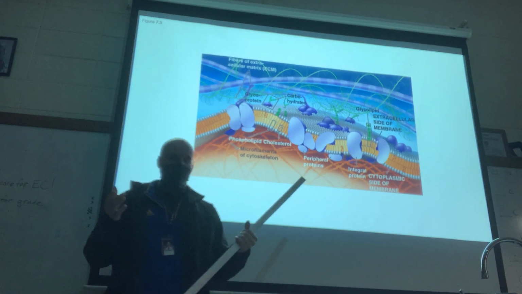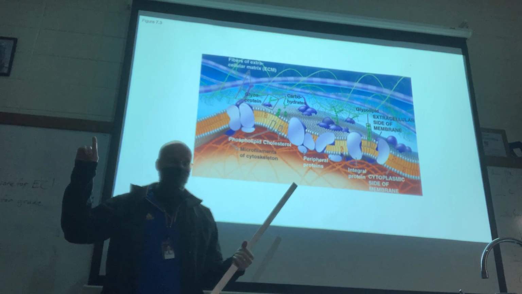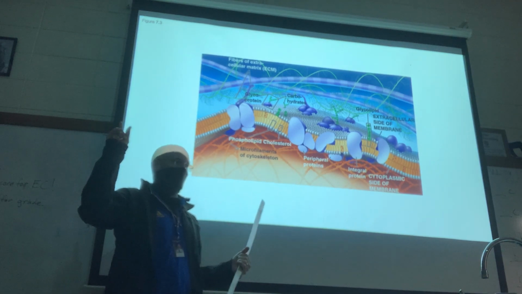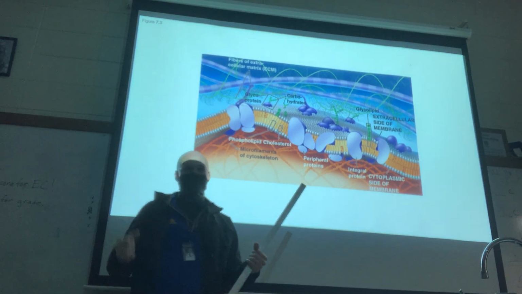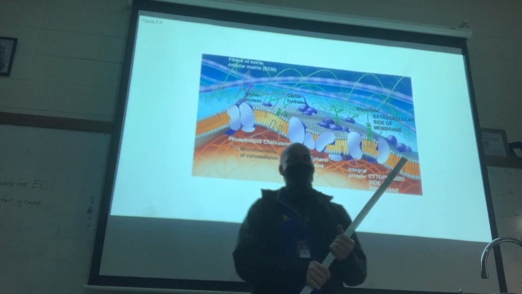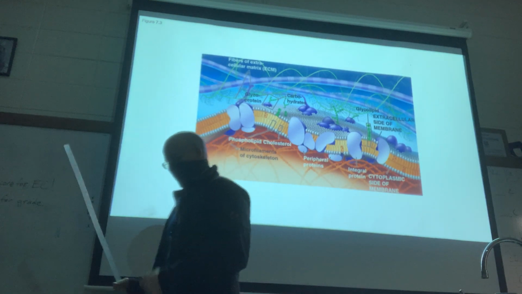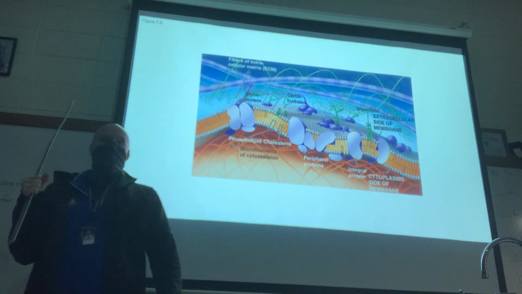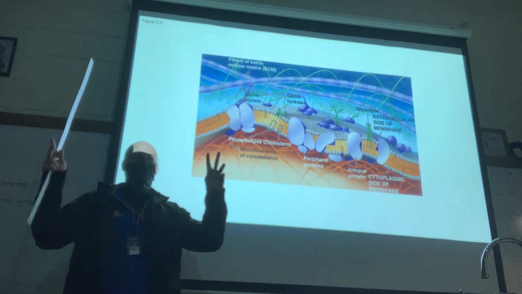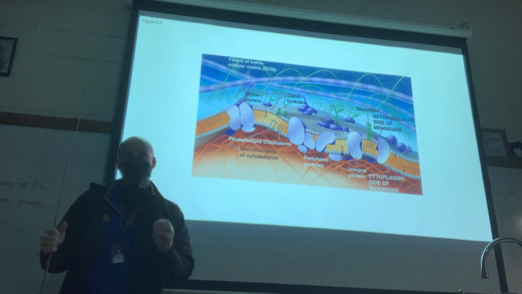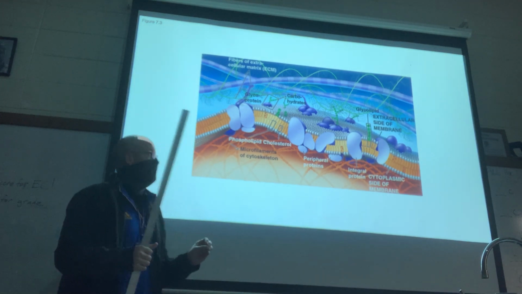It is the outermost layer of animal cells, good. Cell walls are the outermost layer of plant cells. But while it's a layer, there is a lot going on in this layer.